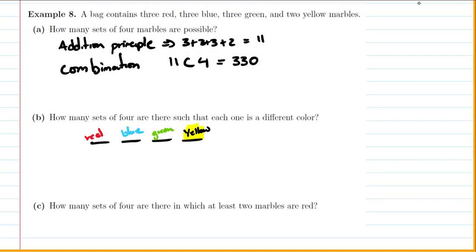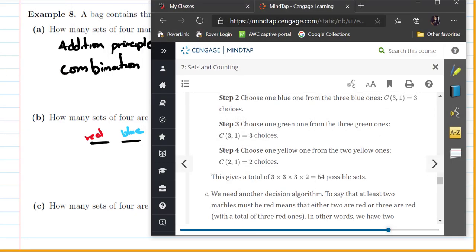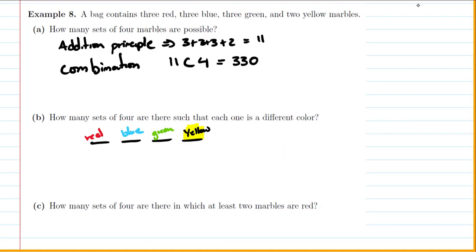Okay, so how many ways can I pick a red marble? Well, first of all, how many red marbles are there? There's 3 red marbles, and how many red marbles do I want to pick? 1. Okay, so then that means out of the 3 red marbles, how many of them do I need to pick? 1.